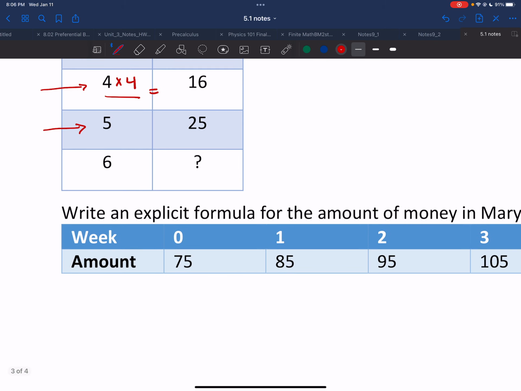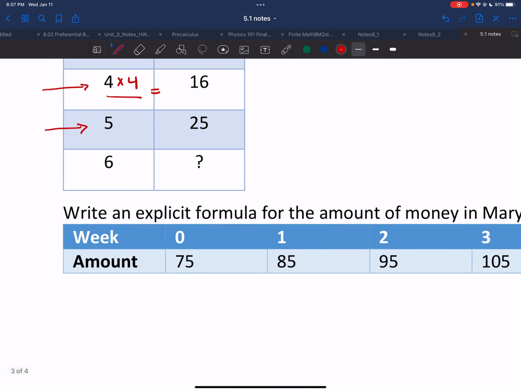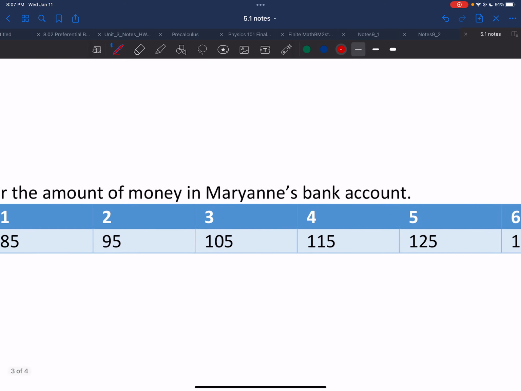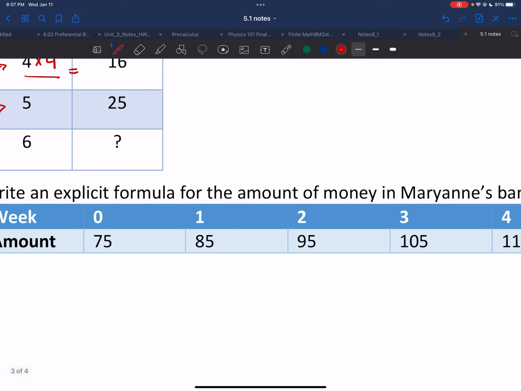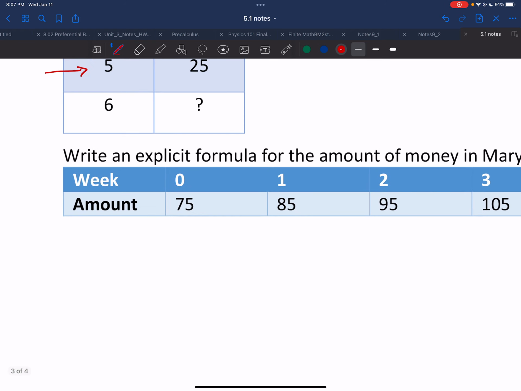Okay, let's go back to Mary Ann and her bank account. So she started with $75. And what we're going to do is find a formula for the amount of money in Mary Ann's bank account. So her total amount, or what she would have, starts out at 75.